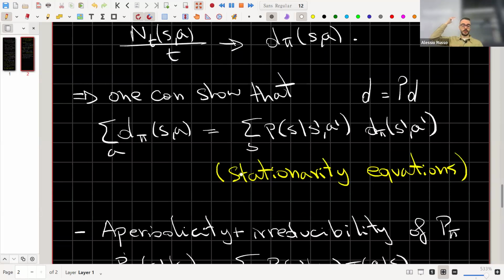Why are we looking at stationarity, and why do we care about this? It's because in the lower bound that we will derive, this constraint will appear.